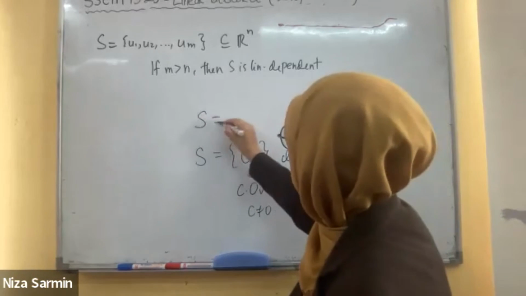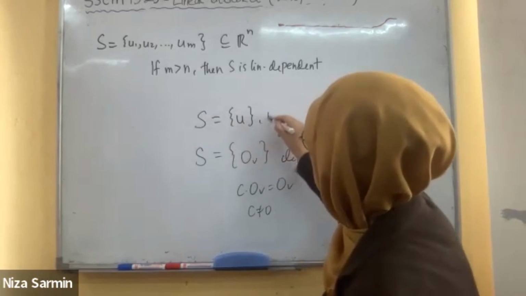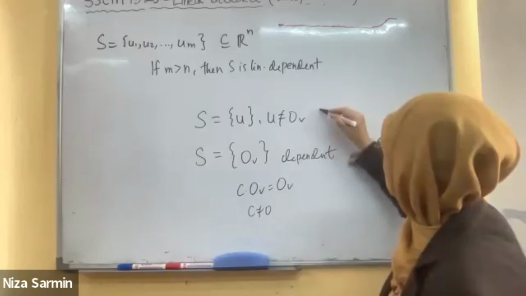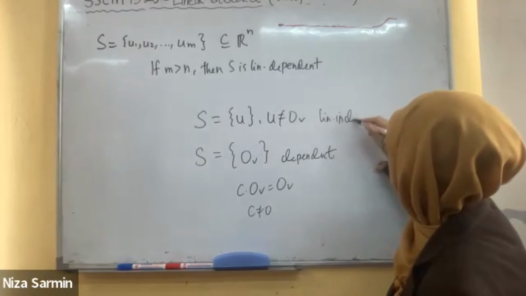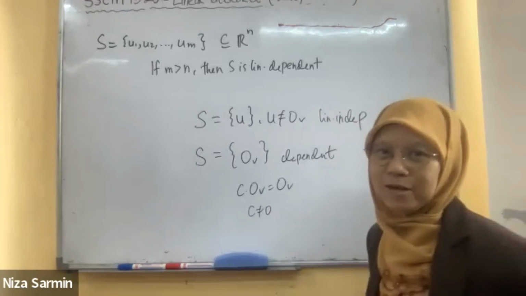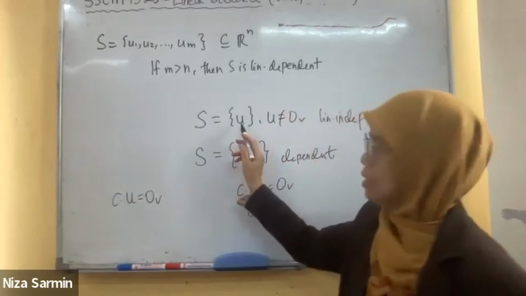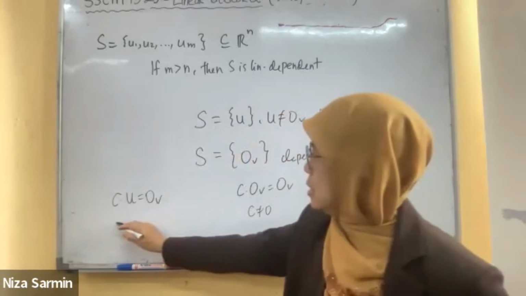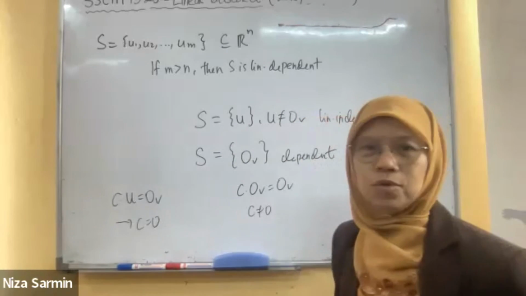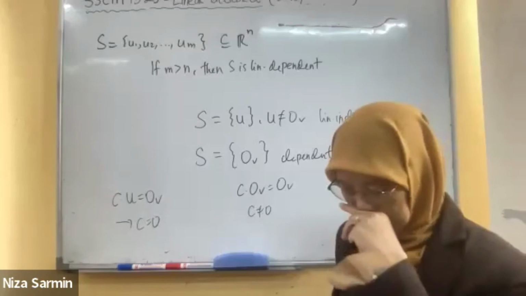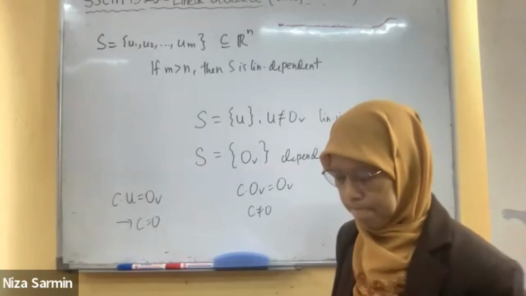If you have just 1, and this is not a zero vector, this is linearly independent. Right? Because when you multiply c by u, you want it equal to the zero vector. c has to be 0. So it's linearly independent. Okay.